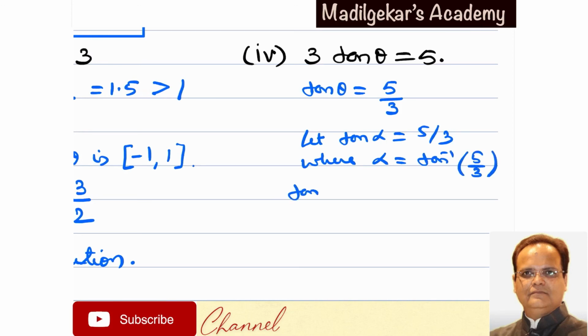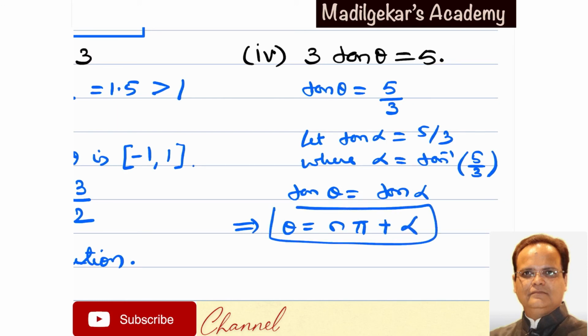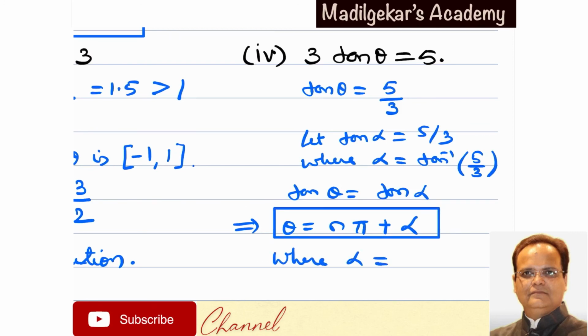So for this, tan theta equals tan alpha, we have theta equals n pi plus alpha, where alpha is tan inverse 5 by 3.